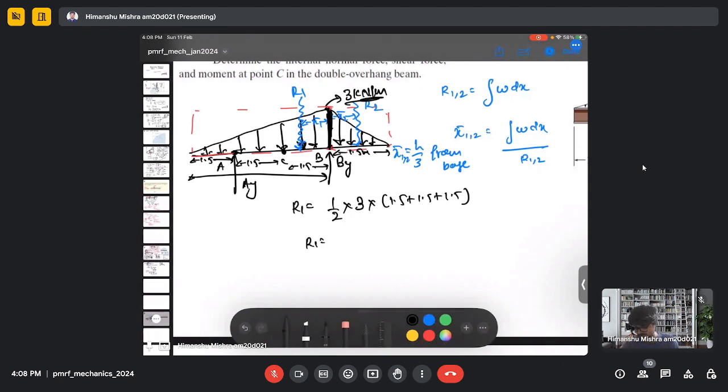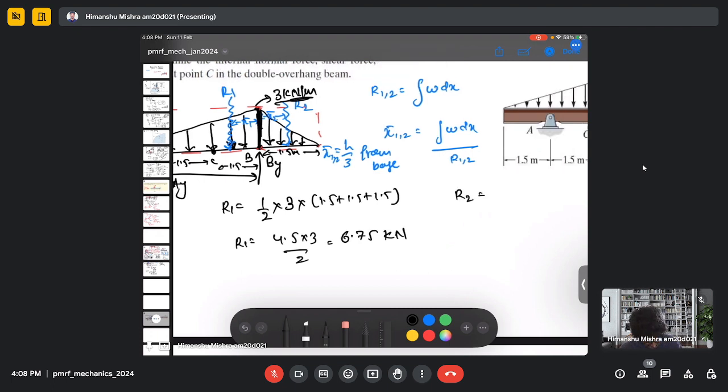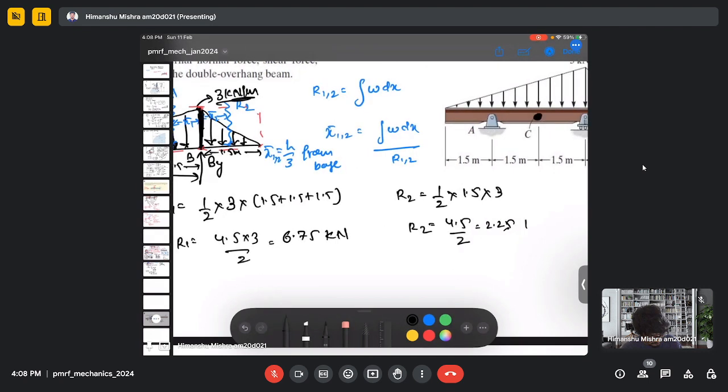So it will be just 6.75 kilonewton. So this is my R1, and my R2 will be 1 by 2, 1.5 multiplied by 3, so it is 4.5 by 2, which is 2.25 kilonewton.